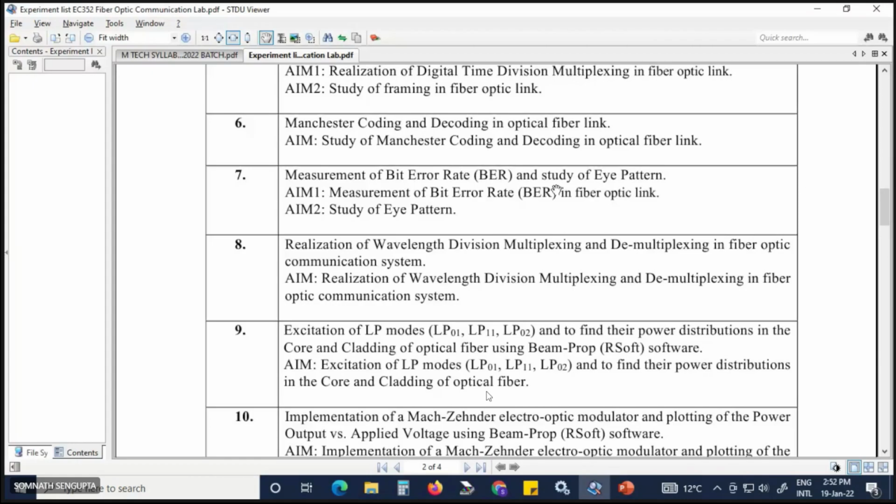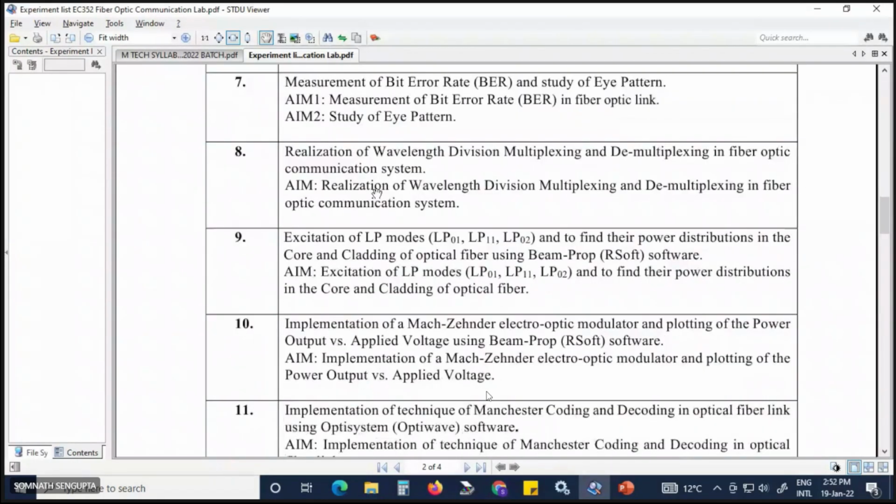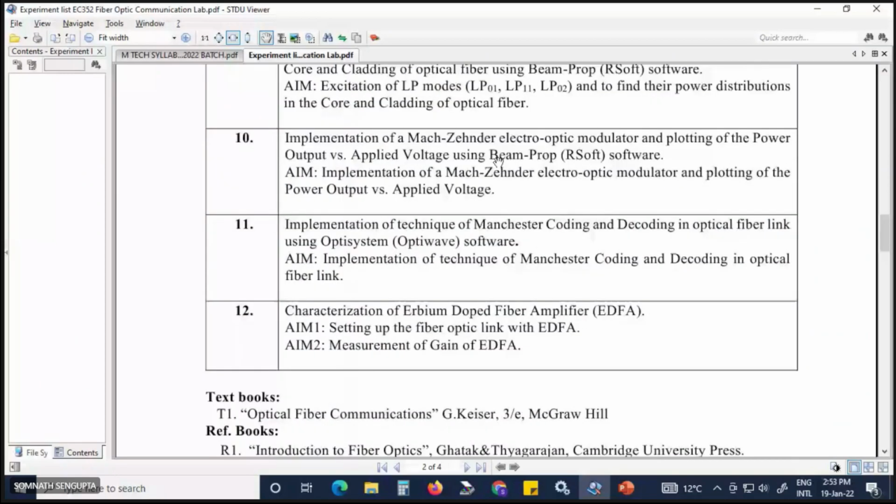The eighth experiment is WDM and DWDM systems. The ninth experiment is related to modes: visualizing the modes and characterizing the fiber based on modes, LP01, LP11, etc. Then the tenth experiment is based on the Mach-Zehnder electro-optic modulator.